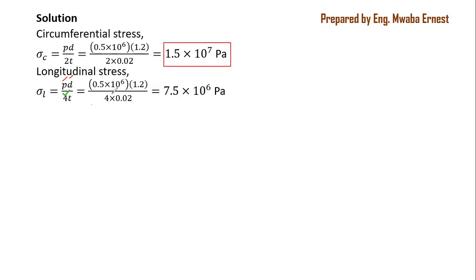The pressure is this 0.5 by 10 power 6 as usual. The diameter is 1.2. Then, of course, we have our 4 there and the thickness, which is 0.02.